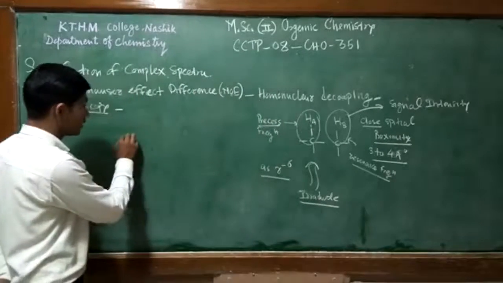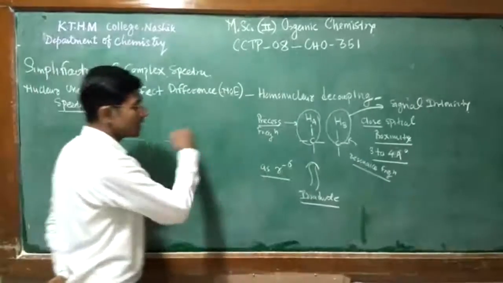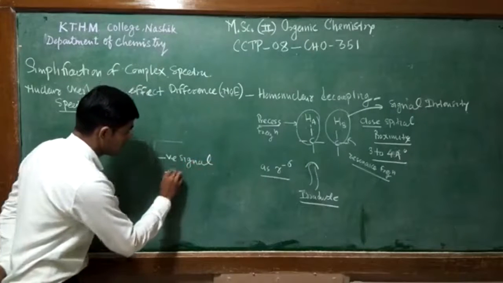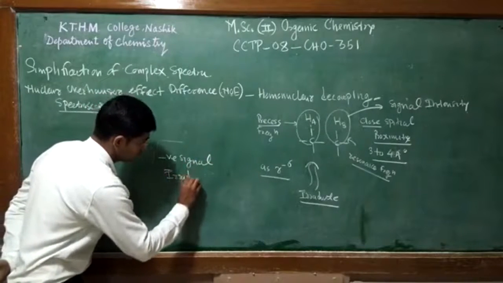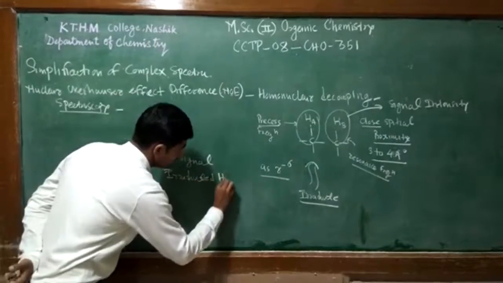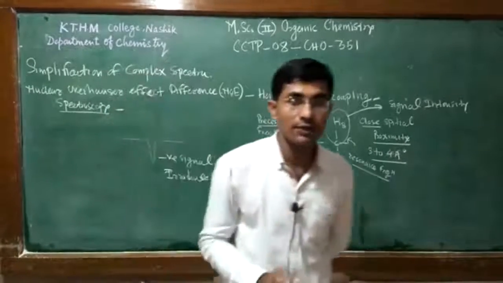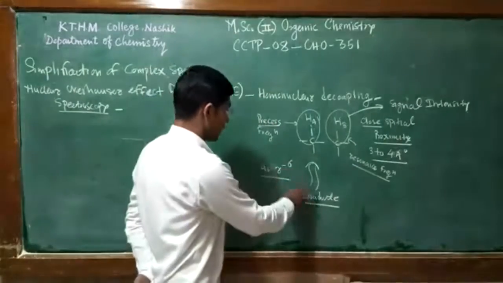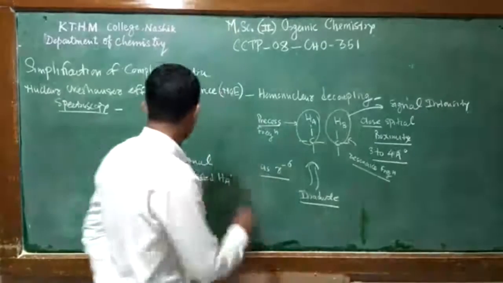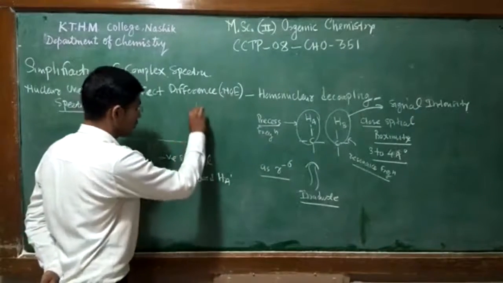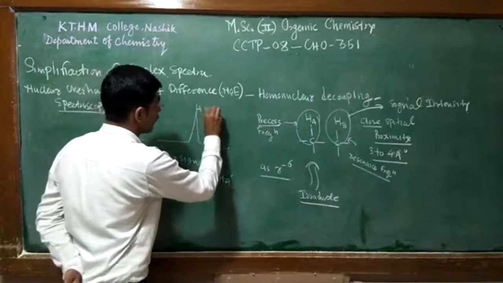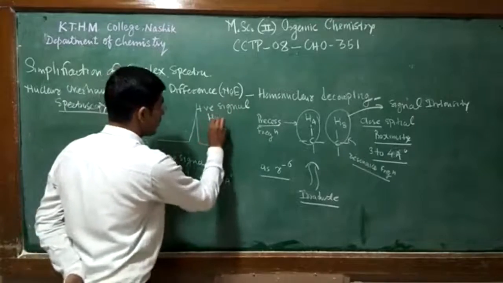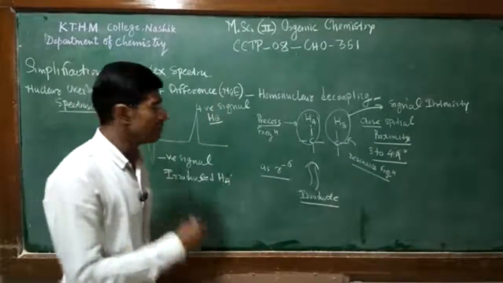We observe the negative signal for irradiated protons in the NOE method, and the proton which interacts with this irradiated proton by the dipolar mechanism shows a positive signal here like this. So a positive signal is observed for the proton which interacts with this HA proton by dipolar mechanism, a positive signal for the Hb proton.